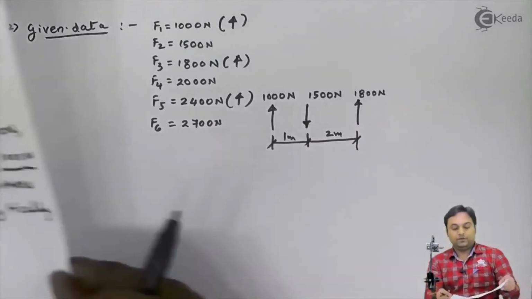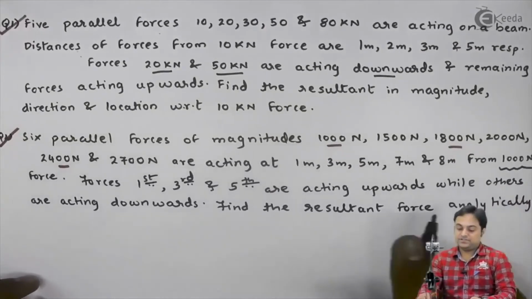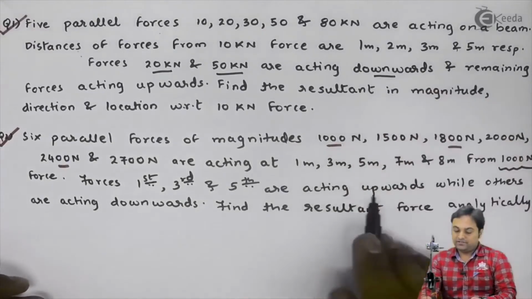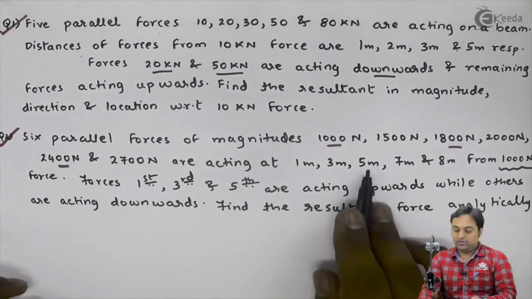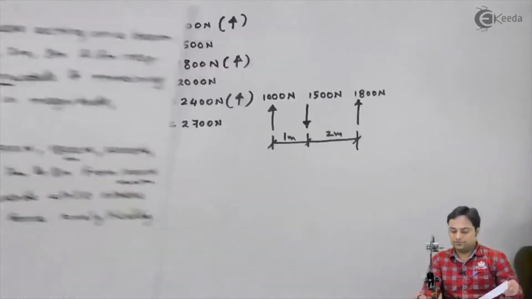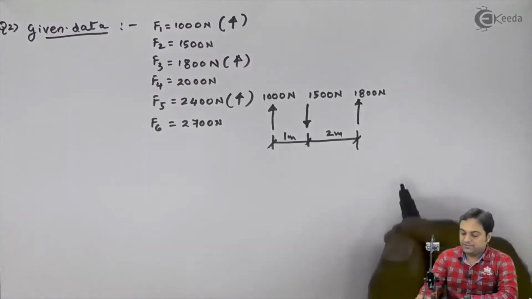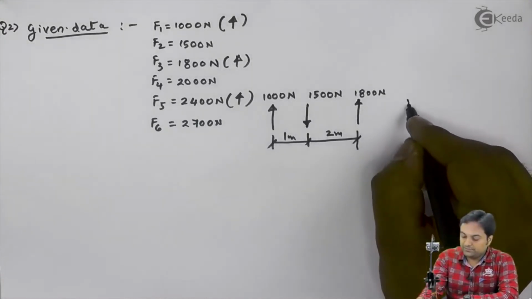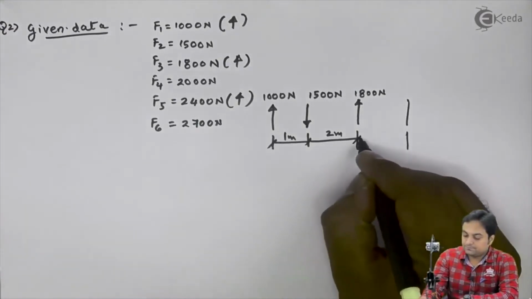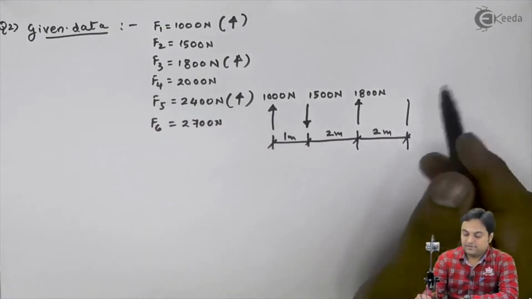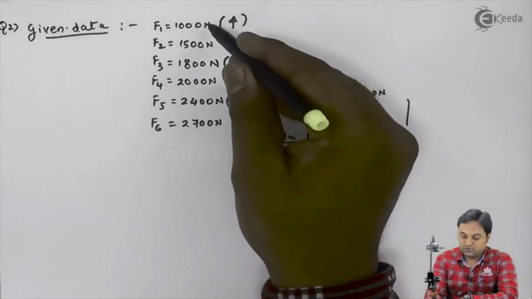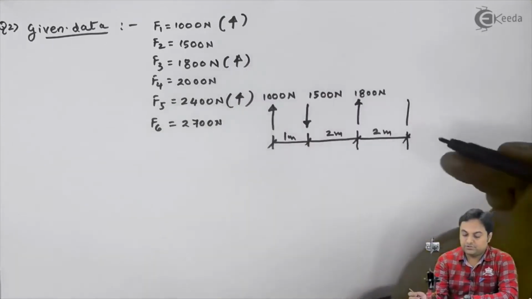Then the next distance is 5 meters. 5 meters is the location of 2000 Newton force. So after 3 meter, I will take another 2 meter. I have marked 1000, 1500, 1800, 2000 Newton.